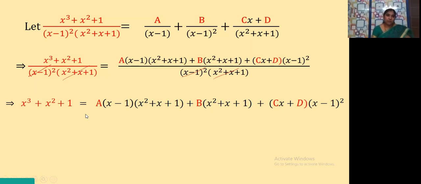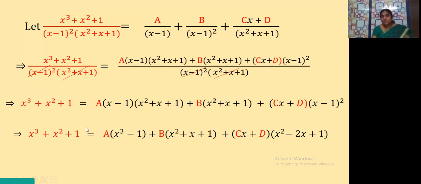So let us see how it is now. This is what we have: a into (x cube minus 1) plus b into (x square plus x plus 1) plus (cx plus d) into (x square minus 2x plus 1).